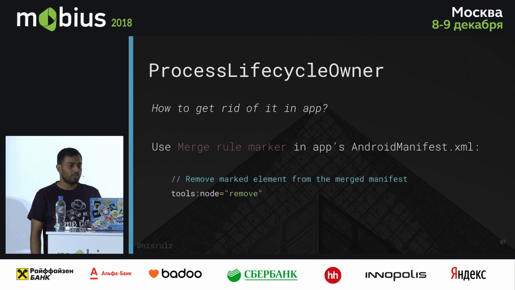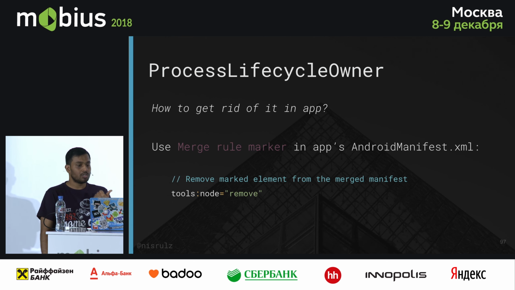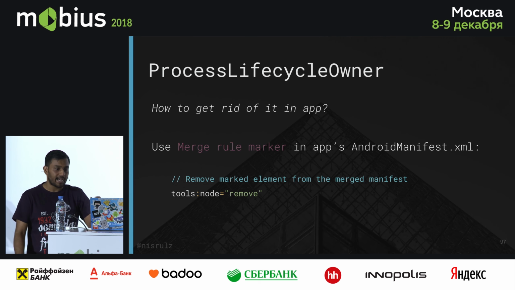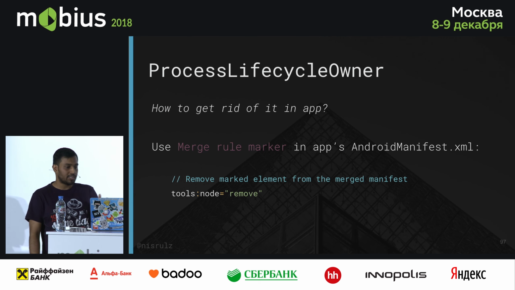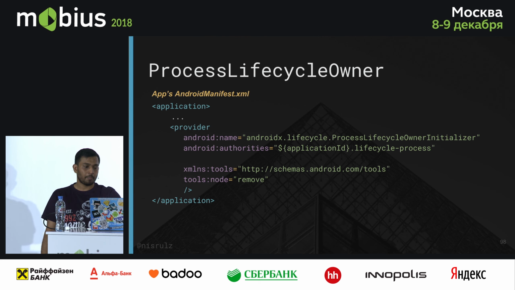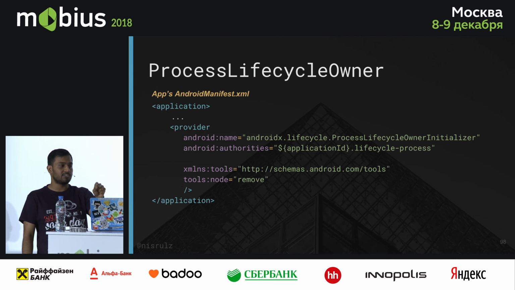How do you do that? Well, there's something called a merger rule marker. You have to mark that specific XML tag in the manifest file with tools:node="remove". How do you do that? I literally copied the whole provider and removed the other parts of it, but what was important was making sure this is the right provider.